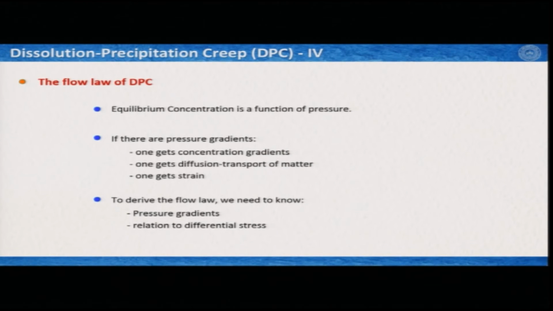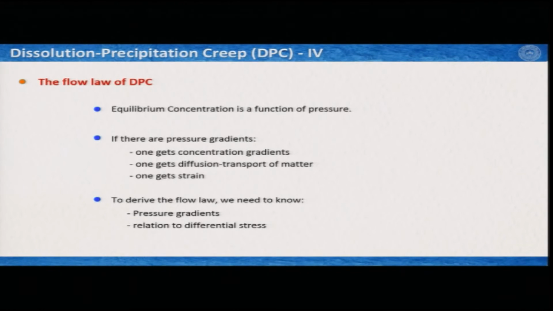If we have to derive the flow law, we are not going to derive it, we will state it, but I am trying to give you some idea of how these are derived. The parameters we need to take care of are equilibrium concentration, pressure, chemical potential, and so on.